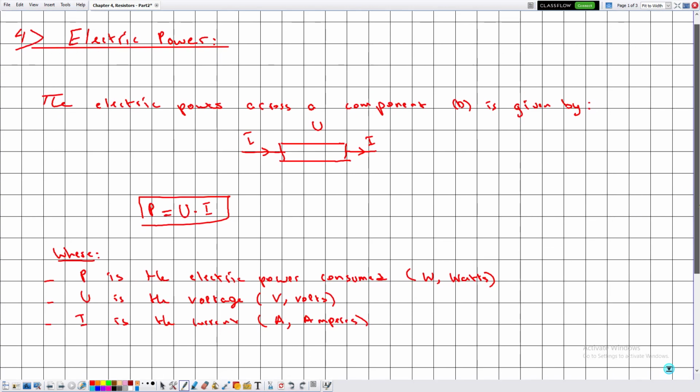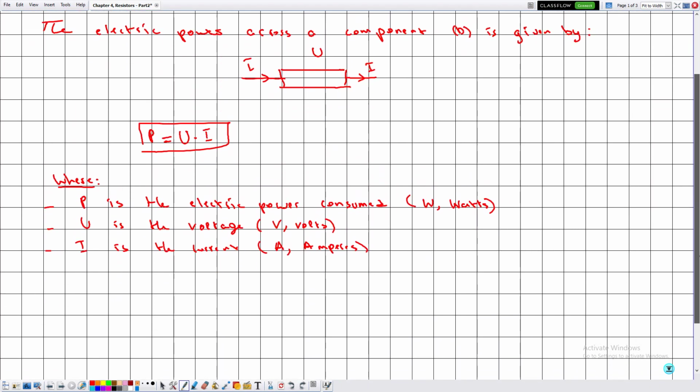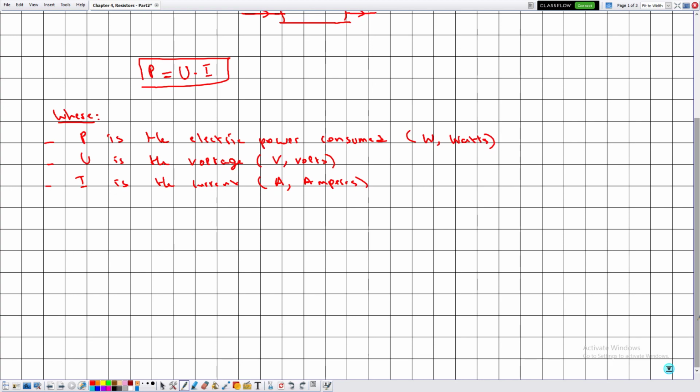Okay, and now let me directly get into section number 5, which is electric power across a resistor.